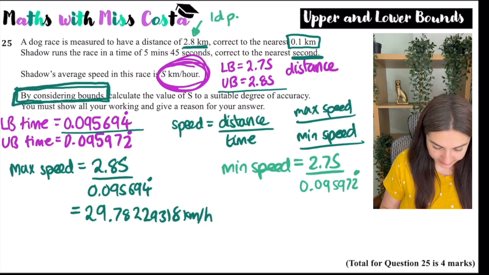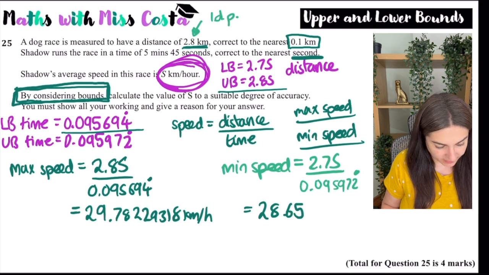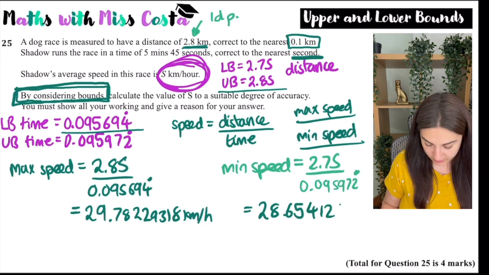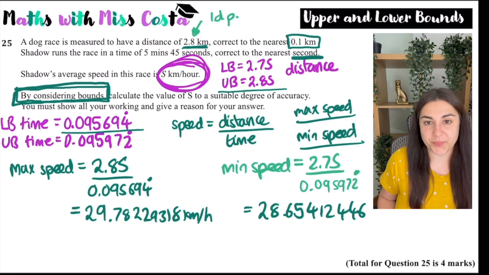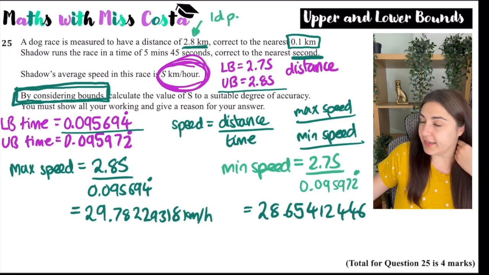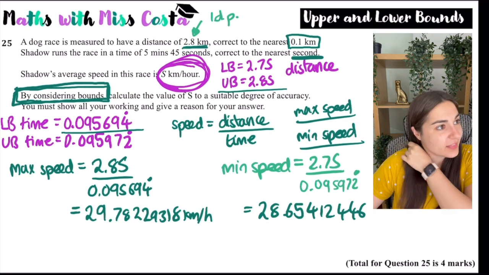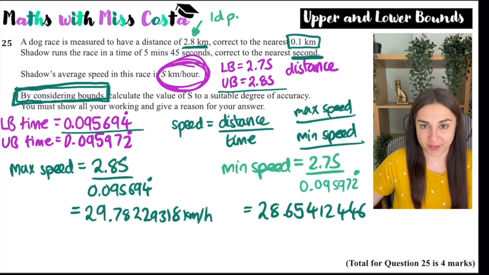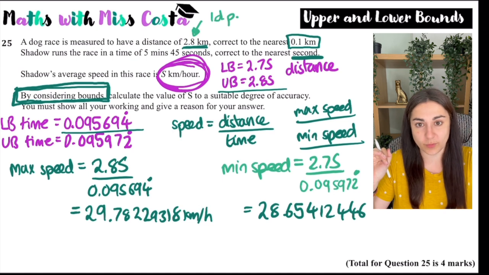And that is 28.65412446. So this is like the fastest way to do it, using those two. But like I said, if bounds is something that you struggle with, just do all 4 options.